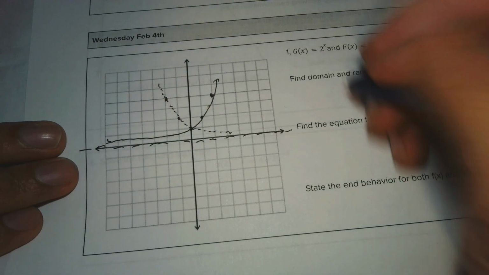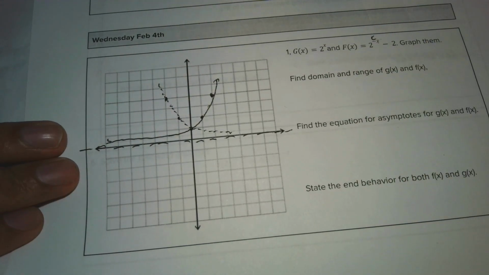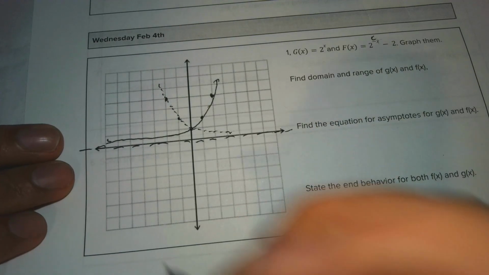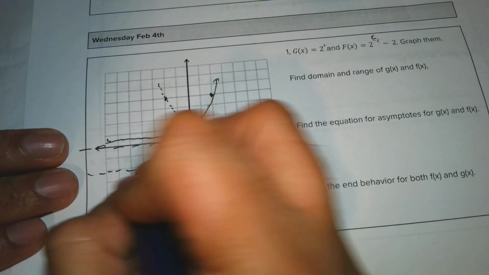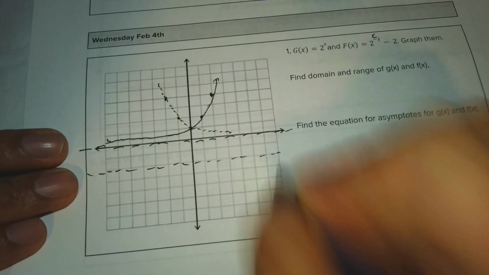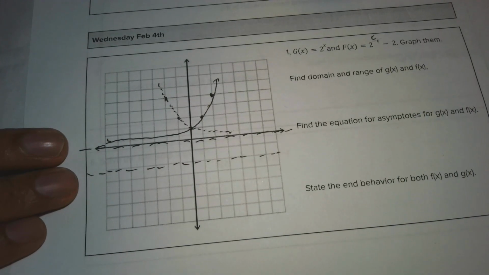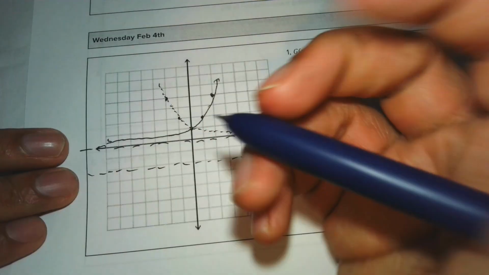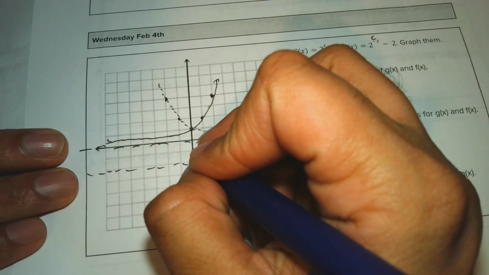So this negative is taken care of, and now I'm going to shift it down 2, right? So then my new asymptote is at -2. This is my new horizontal asymptote. I'm going to shift the graph down 2, so my new point here shifts down too.